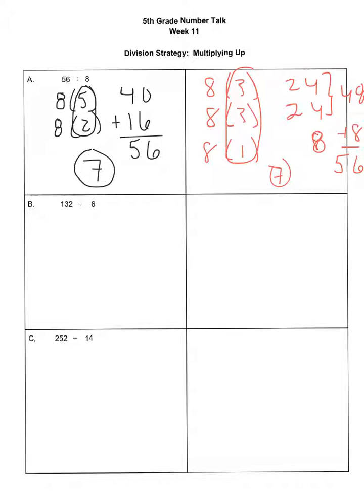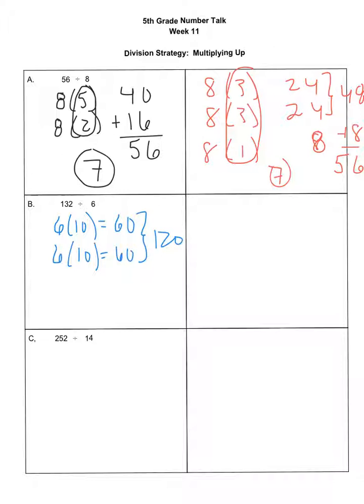Let's look at a different example. 132 divided by 6. Some of you say, well, I like counting by tens because I know that 6 tens is 60. I know that another 6 tens is 60. So right now that has me up to 120.